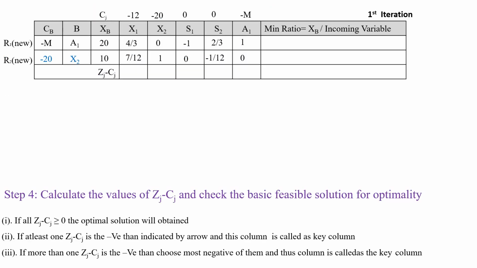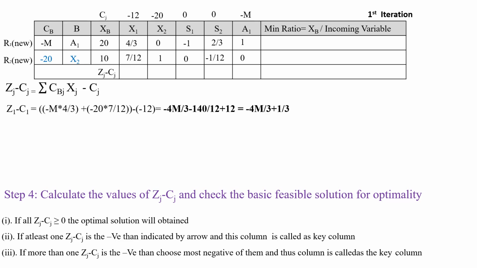Next we calculate the Zj minus Cj values to check the basic feasible solution for optimality. First, for the x1 variable, Z1 minus C1 equals minus M into 4 by 3 plus minus 20 into 7 by 12 minus of minus 12, which is equal to minus 4M by 3 plus 1 by 3.